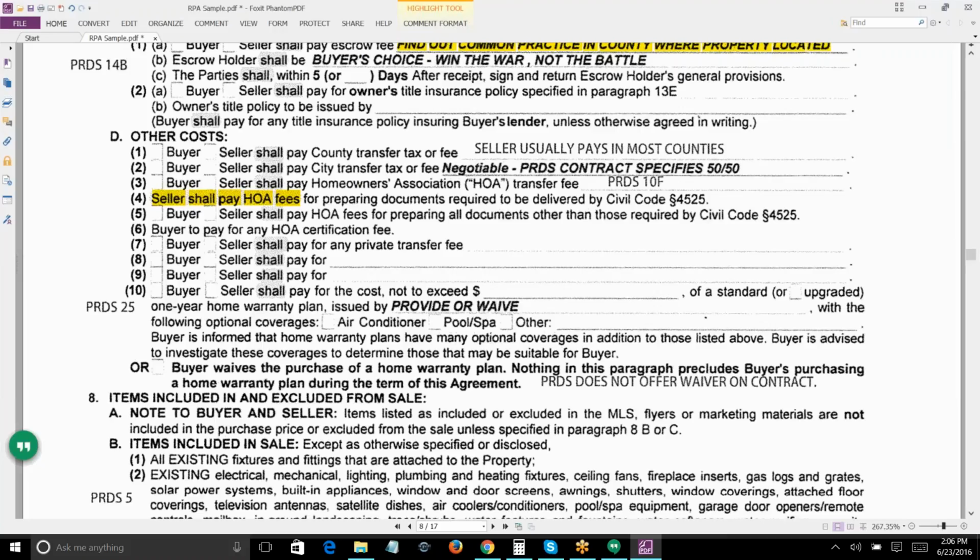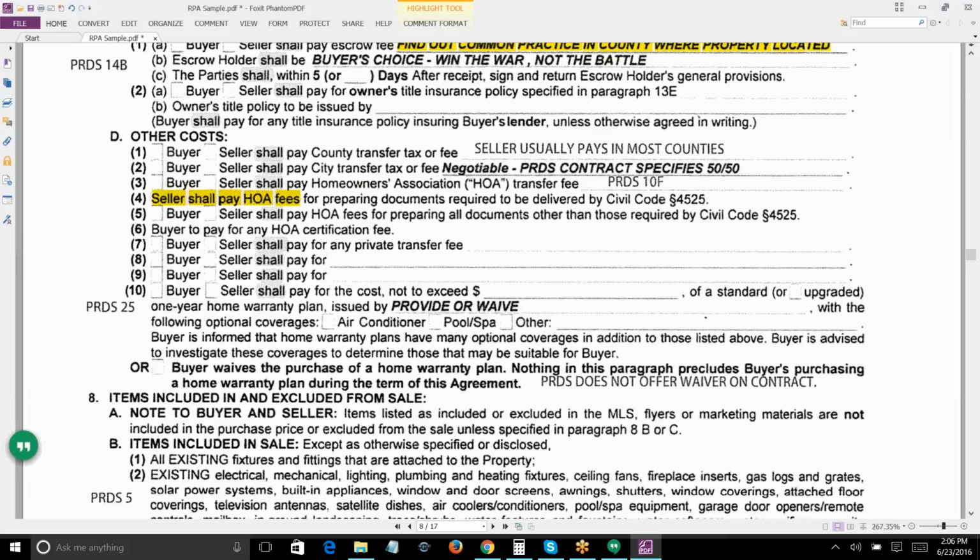There are other fees, so usually the seller pays for the HOA fees. If you're understanding what this is saying, for the ones that are statutorily required, the default setting is the seller has to pay for it, because the California Civil Code says the seller has to do this.